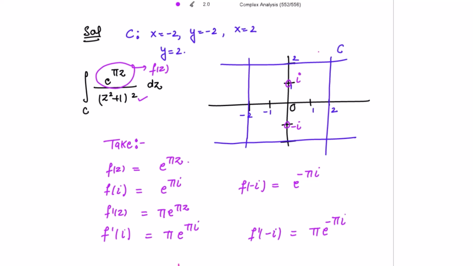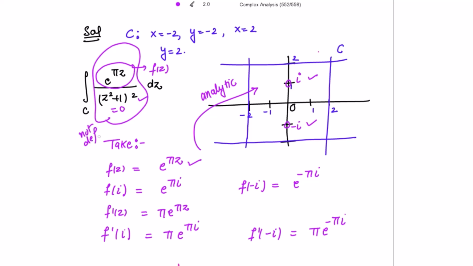Okay, this function e to the power pi z is analytic inside this square C. Analytic means it is differentiable everywhere except at these 2 points, because at these 2 points the denominator will be 0, which means this complete integrand is not defined. That is why the integrand is analytic everywhere except these 2 points, right?